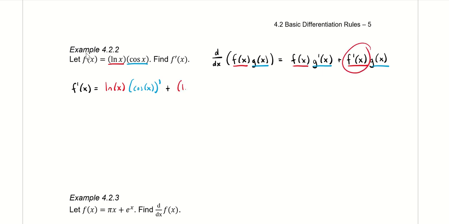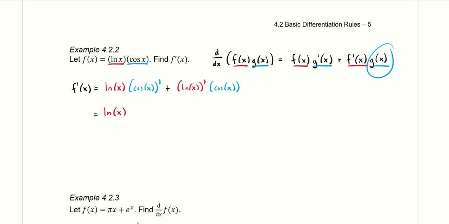So the derivative of the natural log of x, notice I'm not taking the derivative here, I'm just denoting that we're going to, times g of x, my second function, so times the cosine of x.